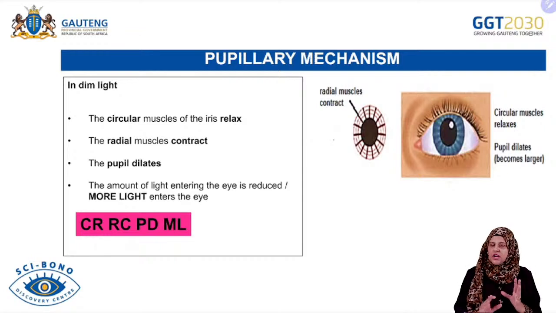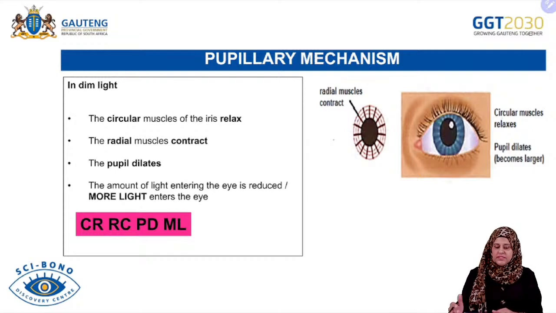So you need to work out what is being asked here: near vision, far, dim, or bright light. And it's nice to learn them and write it down on the side of your question paper. Remember, that's your question paper. You can make use of it and write it down. So then you work out, okay, this is what it is in dim light and in maybe near or far vision. Learn one of them, and then the opposite is true for the other one.